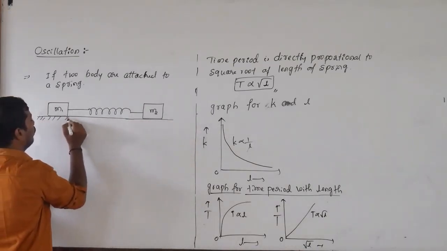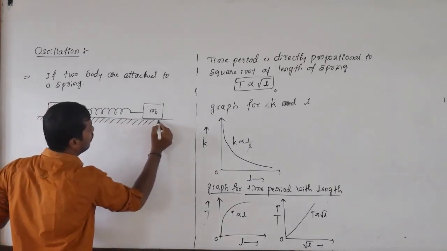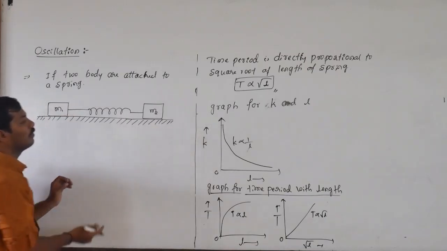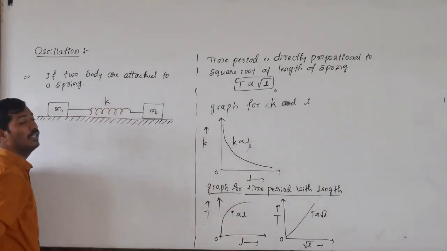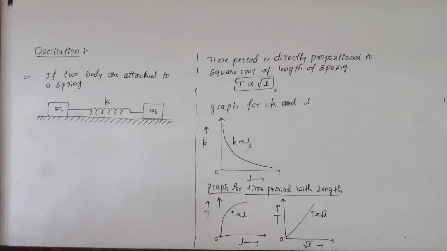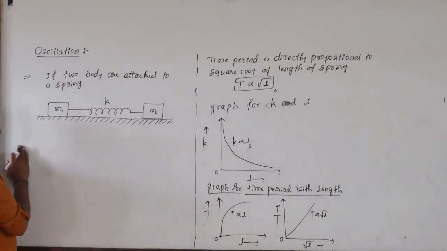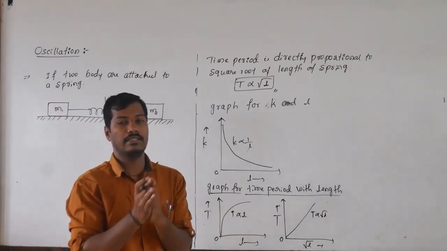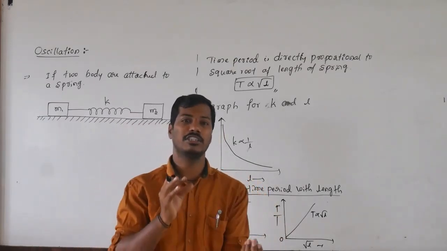Next, if you draw this, there are two masses. We have to convert these two masses into a combination. This is the spring constant K. Then what is the time period of that? In the chapter on collisions in work, energy and power, there is a system of two particles.